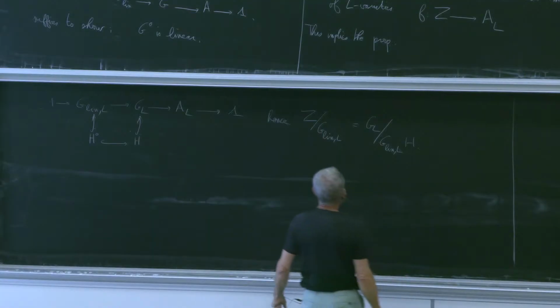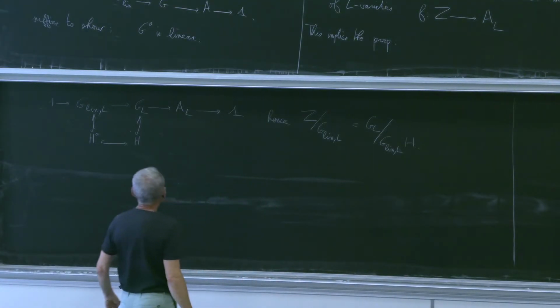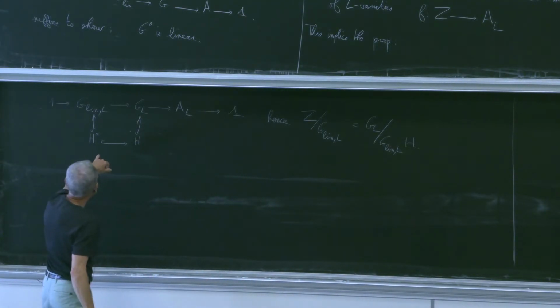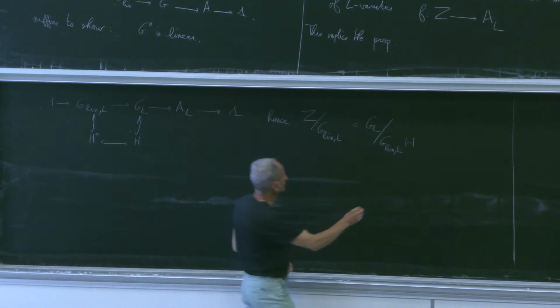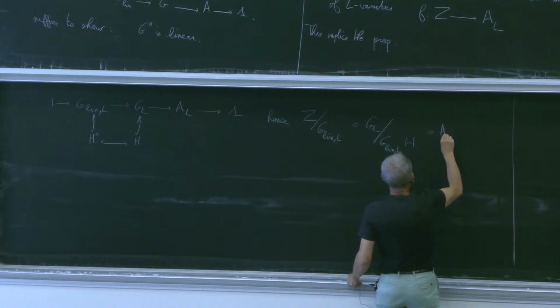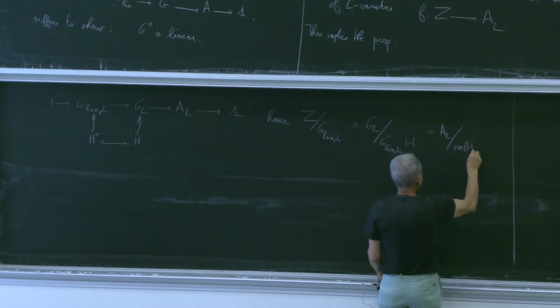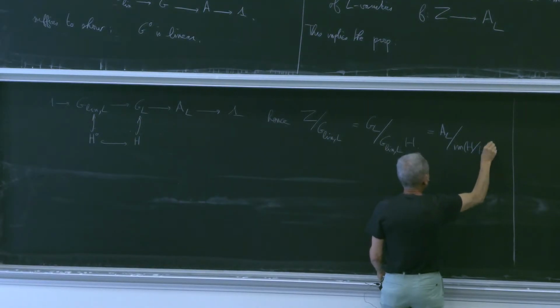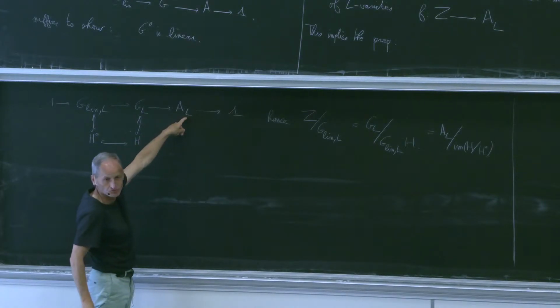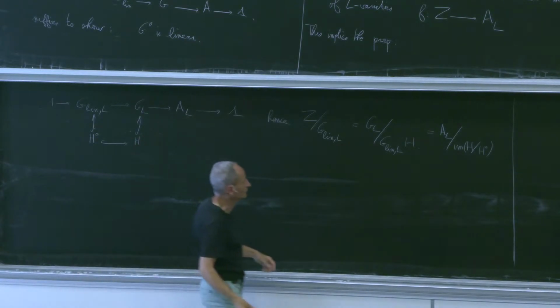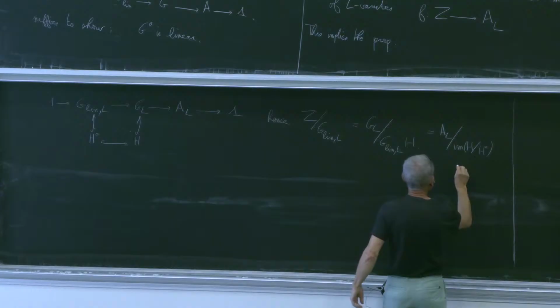And first of all, you use this. So you have only to consider AL modulo the image of H mod H0, which is the image of H in this quotient. And this is, of course, a finite group because this one is finite.